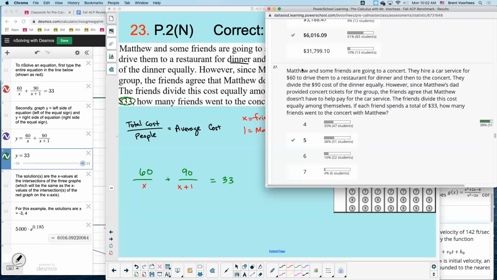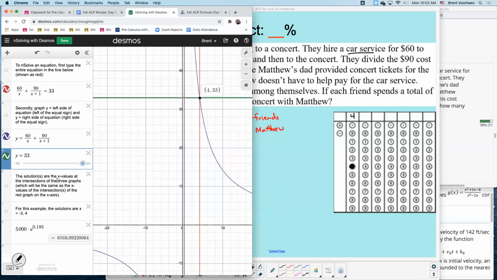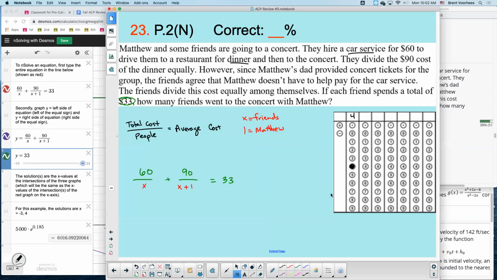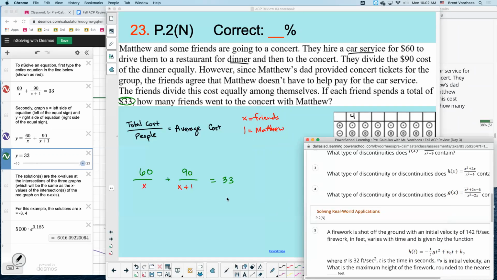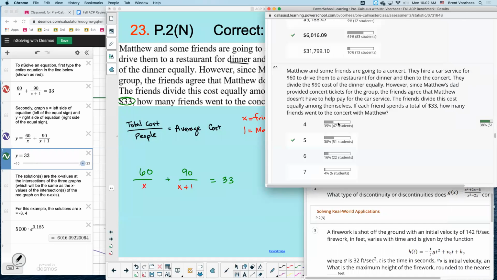So as I look at this, my key is what's wrong. So this one, the answer should be 4. If I typed everything in here correctly, which I think I have, the answer would be 4. So 4 friends. So my stats are incorrect on my other document up here. This would be the correct answer here.